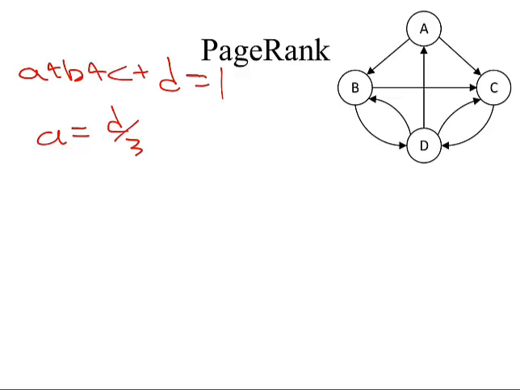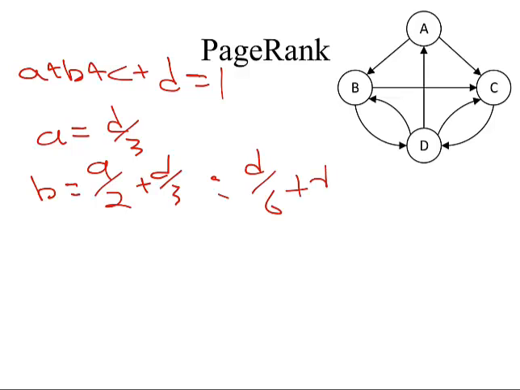And then we can similarly say that B is equal to A over 2 plus D over 3, which is D over 3 divided by 2, or D over 6, plus D over 3, which is equal to D over 2.